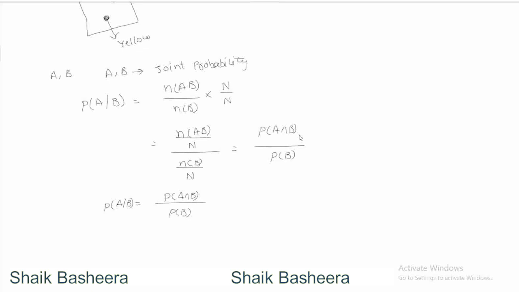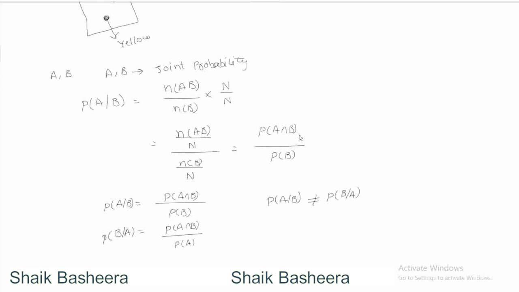And over here, probability of B given A is written in the form of probability of A intersection B by probability of A, where probability of A given B is not equal to the probability of B given A. Both differ.